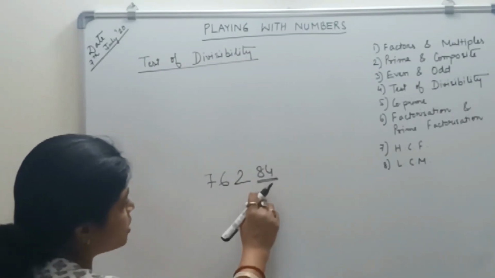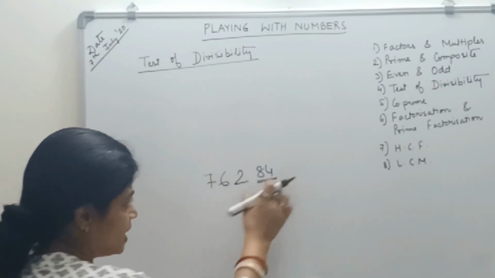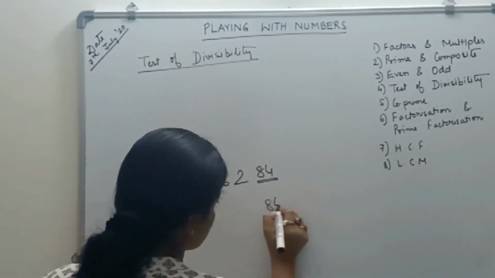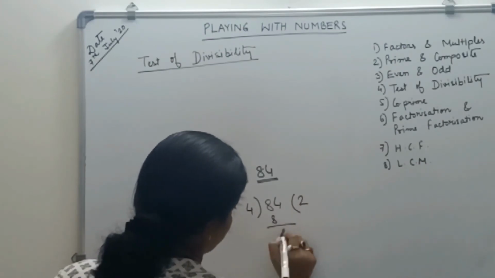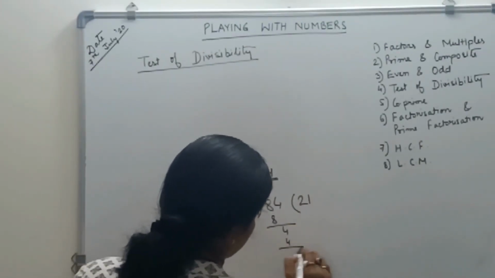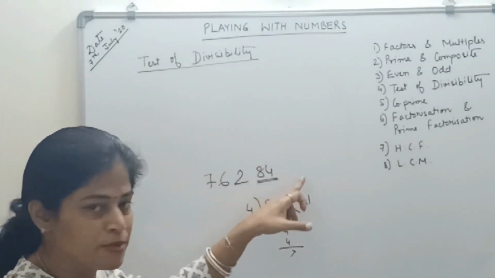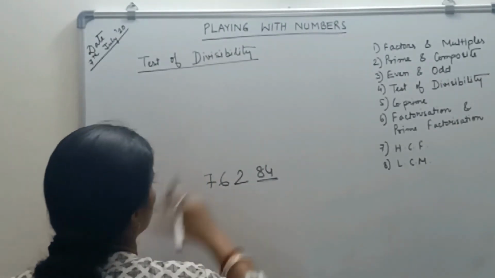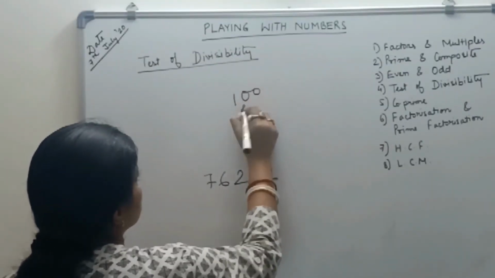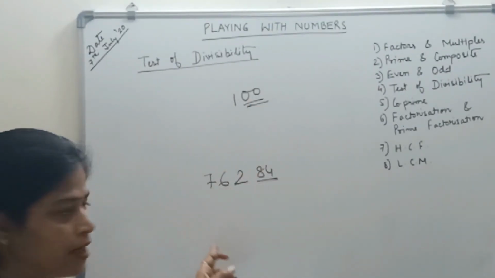Yes, since 84 is divisible by 4, the whole number will be divisible by 4. And if the last two digits are 0 also, suppose 100, then also it will be divisible by 4.